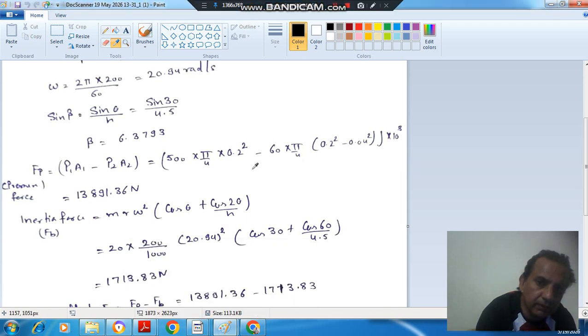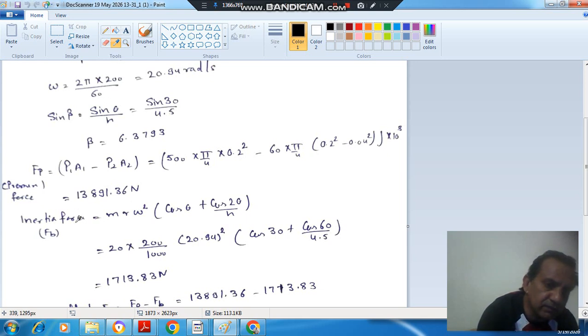The area on the crank side will be pi by 4 into 0.2 square minus 0.04 square, and for the cover side it is pi by 4 into 0.2 square. 10 power 3 is for converting kilonewton into newton. So this is your pressure force.